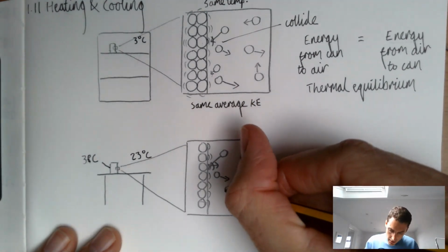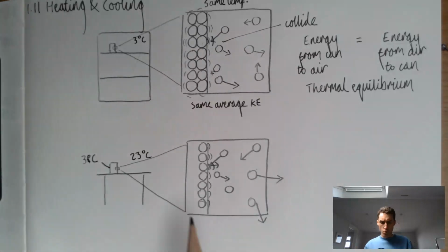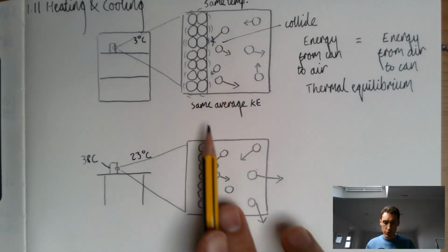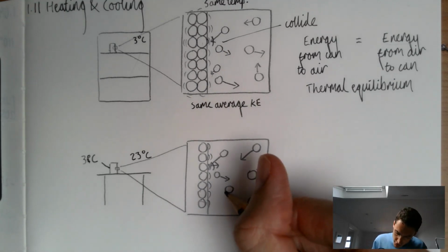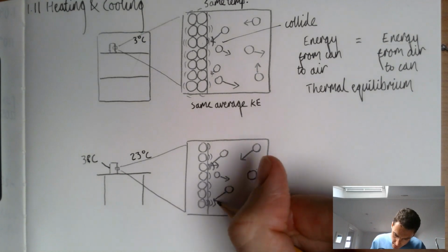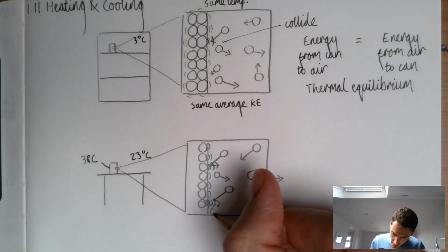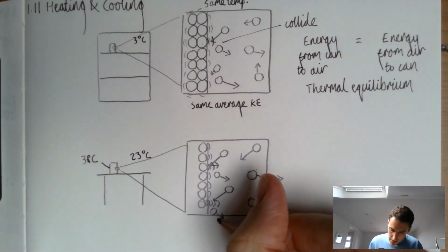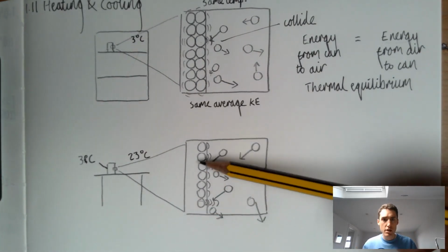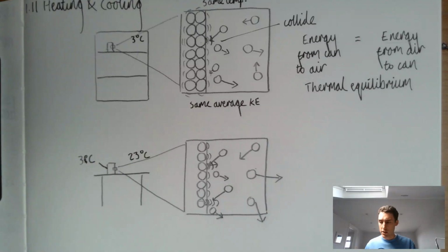And instead of there being one slower moving particle for every faster moving particle like we saw in the fridge, on average there's a lot more faster moving particles, so they're going to keep bumping into the particles in the can. They'll lose energy in the process, but what that means is the average kinetic energy of the particles in the can is going to increase.